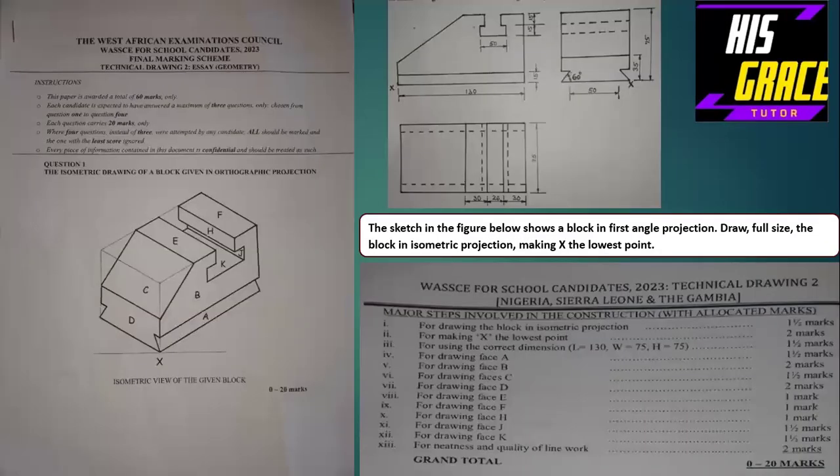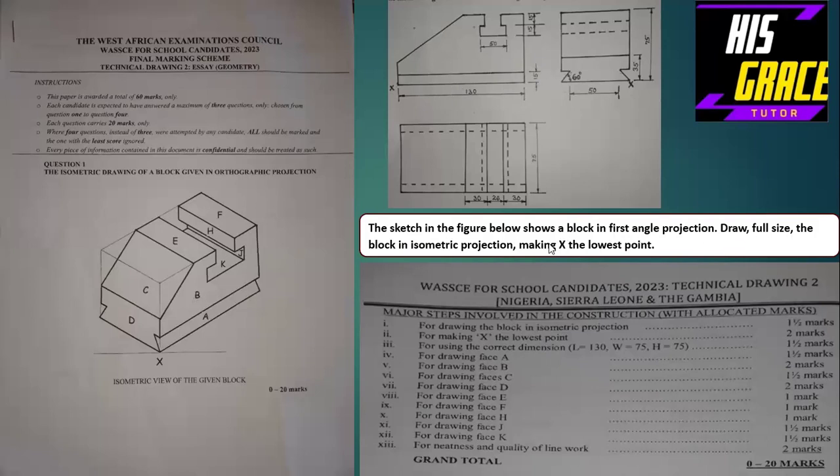Here we have the marking guide, as you can see on the screen, and then we have the question that is given. This is the marking guide here, and here we have the question. As we are told here, the sketch in the figure below shows a block in first angle projection.